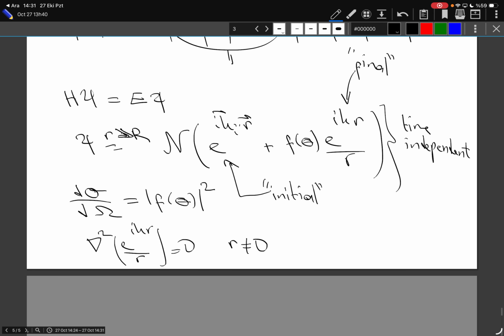But this is nothing but the Schrödinger equation if you multiply with minus h bar squared over 2m. It satisfies the zero-potential free Schrödinger equation, just like the plane wave.